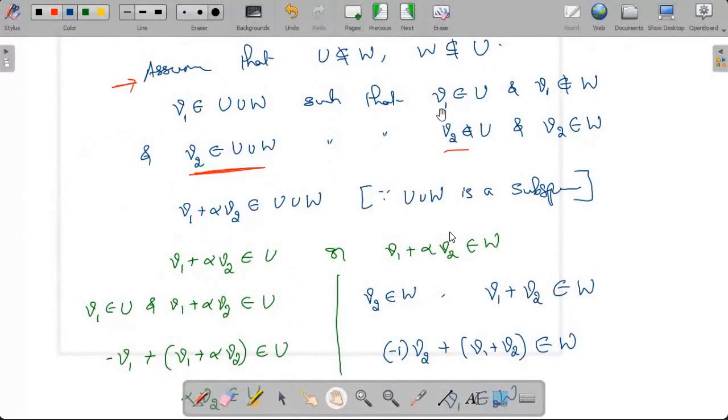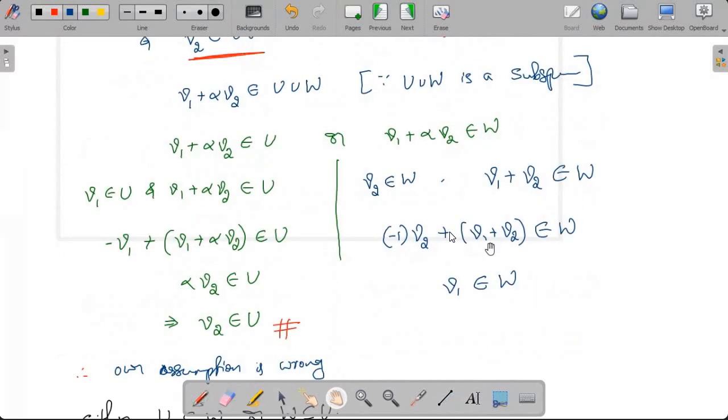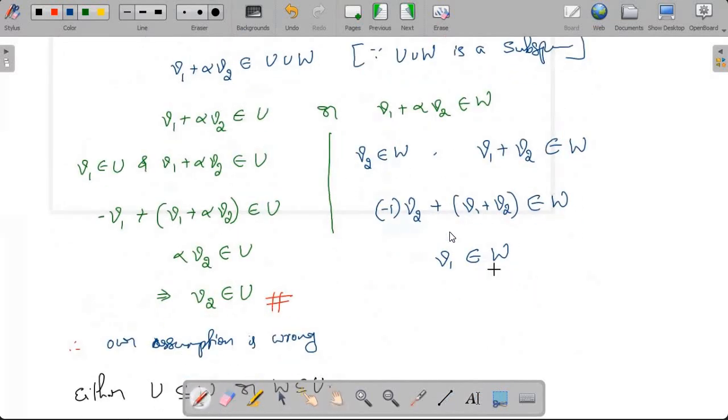We have chosen this V1 in such a way that V1 is an element of U, but it is not an element of W. But you end up with this: V1 is an element of W. So this is a contradiction. Okay. However you take, we always end up with a contradiction because of the wrong assumption.